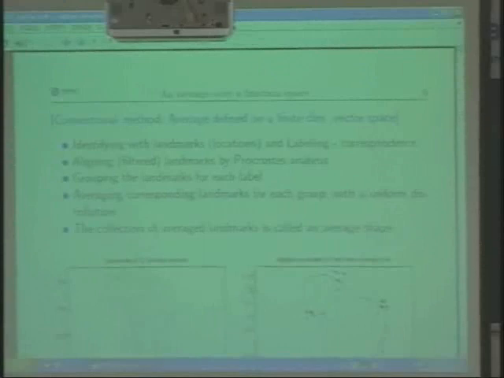Following that way, the conventional method: the shapes in the left figure are from medical images representing a femoral head of a bone. It is described by 31 meaningful points, so-called landmarks.